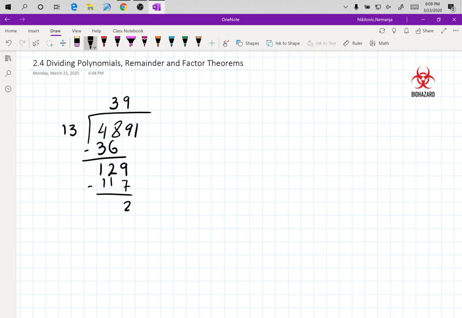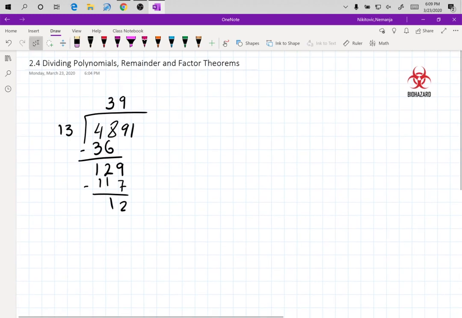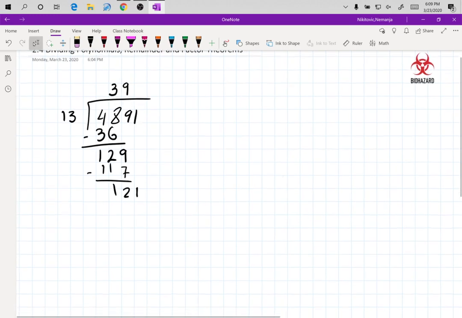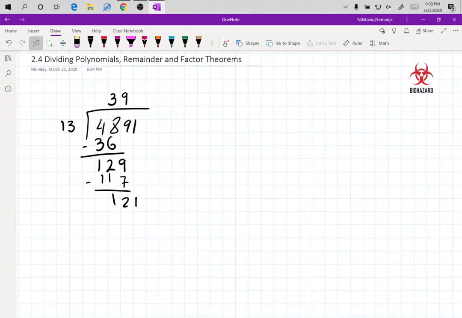So we always do the same method. You see how many times 13 goes into a number, then you multiply it back and subtract. So last digit we have to drop down 1. So now we have 121. Well, it's going to be 9 again, because 9 times 13 is going to be 117 again, with a remainder of 4. We do not divide decimals here.